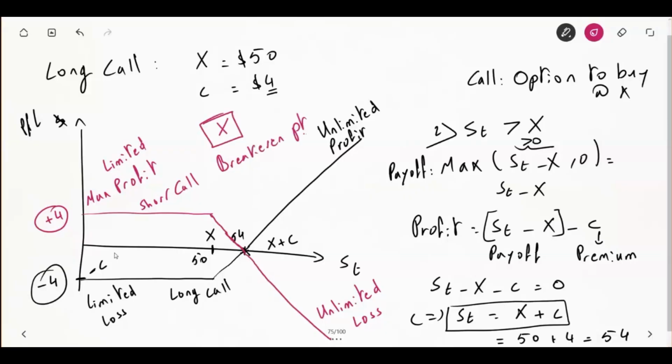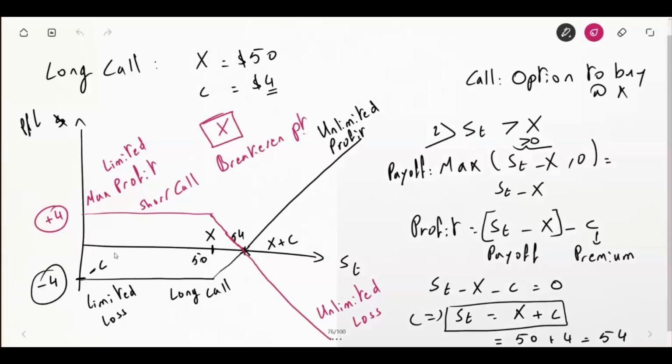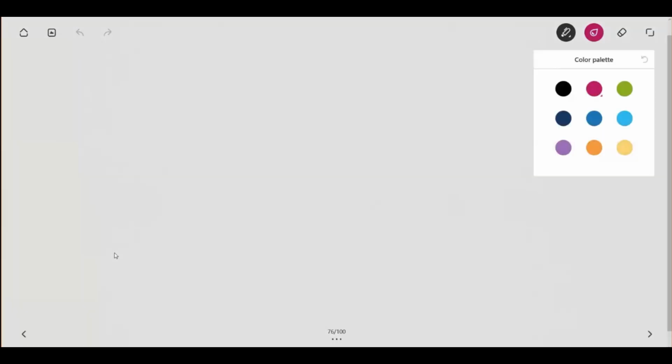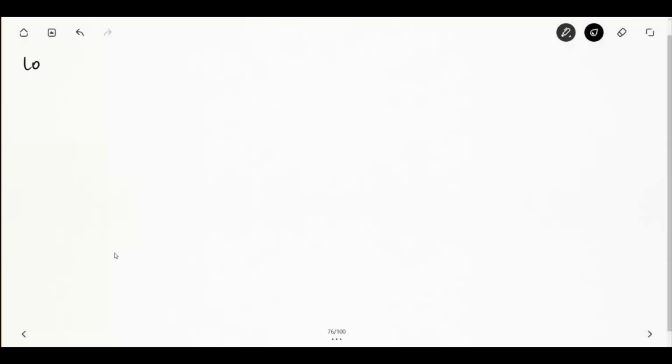Now I move to another example that relates to put options. So I will start with the long put. Let's say that X is equal to 100 and P is equal to $7.